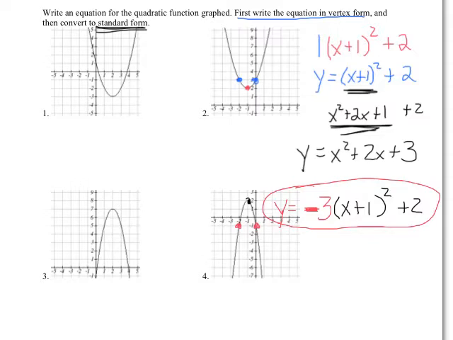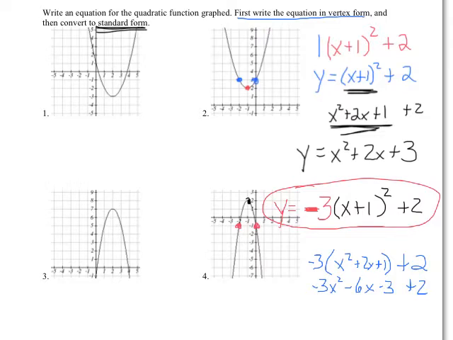If we want to convert that to standard form, what we're going to do is first we will distribute the exponent in, and then we want to distribute the negative 3 in, so negative 3x squared minus 6x minus 3, and then there's still the plus 2.